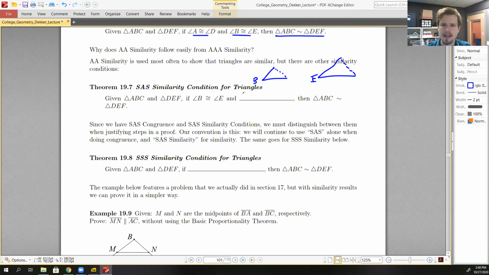So we would say AB over DE is equal to BC over EF. The sides have the appropriate relationship; they're proportional. If we have congruent angles and the adjacent sides are proportional, then the triangles are similar.